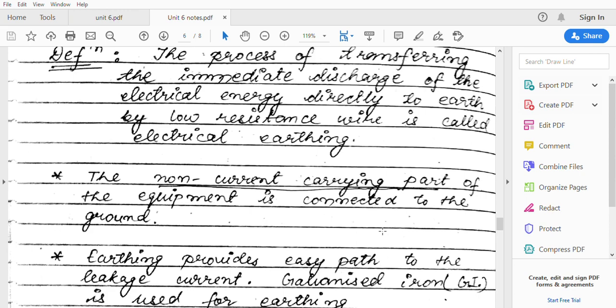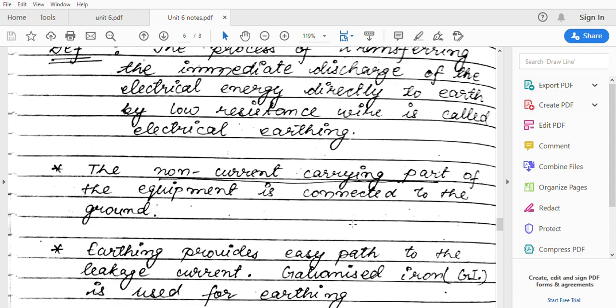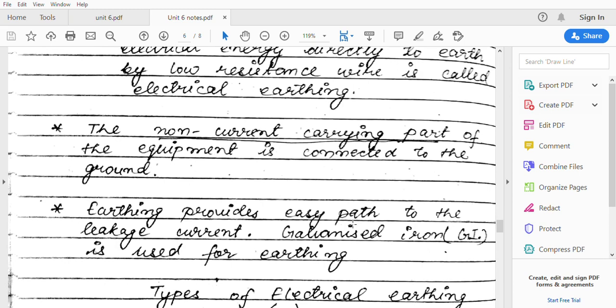So that non-conducting or non-current part of the equipment will be connected to ground. Because in case there is a current through it, then that current will be very high, and you can get a shock. So earthing will provide an easy and low resistance path to the leakage current.